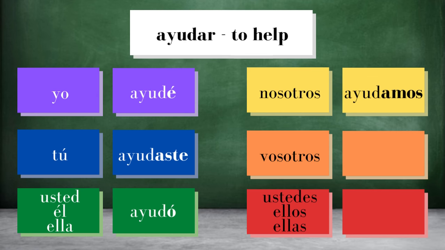I hope so. How will we say we helped in Spanish? Nosotros ayudamos. This one is the same as the present tense. What about you all helped in Spain? Vosotros ayudasteis. And last but not least, how would we say you all or they helped?